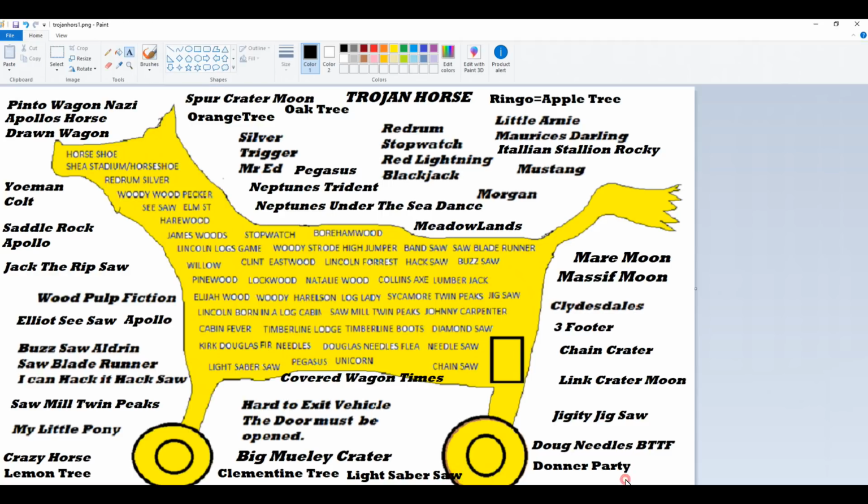And you're linking these things together with either a saw or a tool or a level or whatever it is, a John Carpenter. And you're linking all these movies together. You're building your Trojan horse. Each little one here: Ringo is apple, it's an apple tree. You have Clockwork Orange, it's an orange tree. You have the Clementine mission, I'll put that down here, Clementine tree.